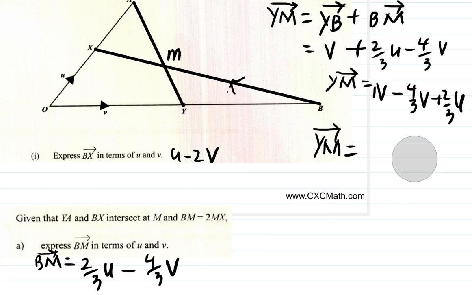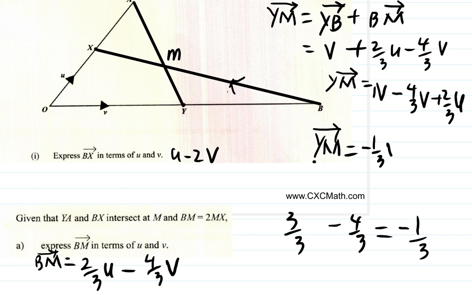What you can do in the exam, use fractions because they show all working. So 1 minus 4/3, use common denominators, so this is the same thing as 3/3 minus 4/3, 3 minus 4 is what? You have 3 something and you minus 4 something from it, you have negative 1, and so this is negative 1/3, right? So negative 1/3 v plus 2/3 u.